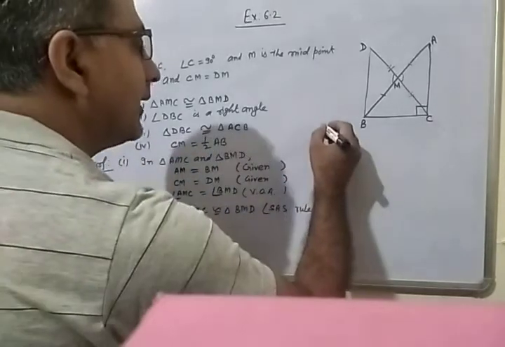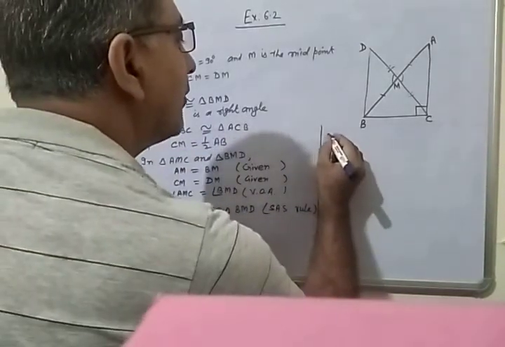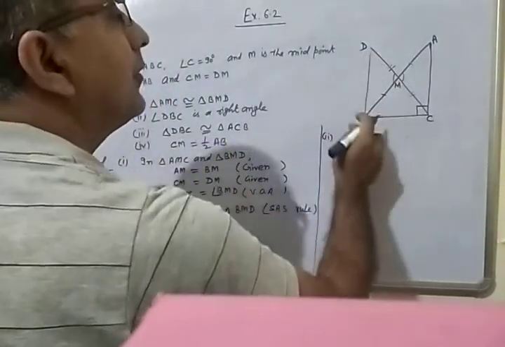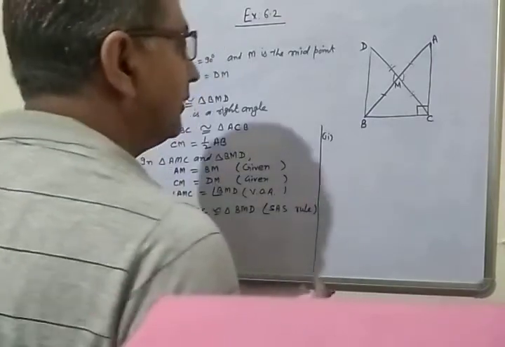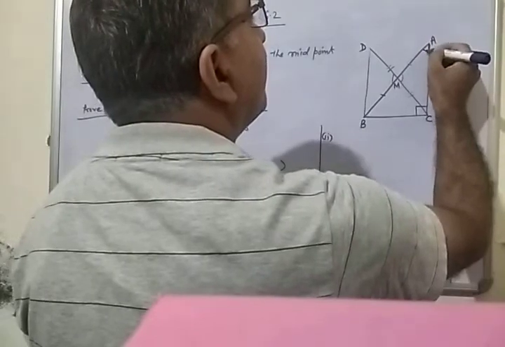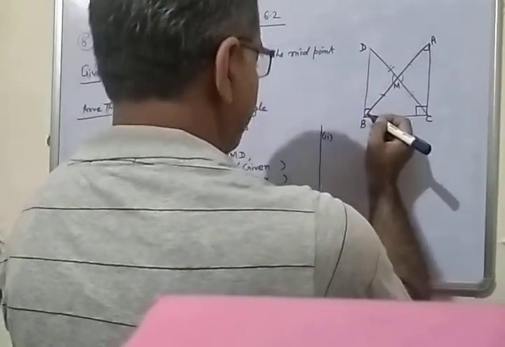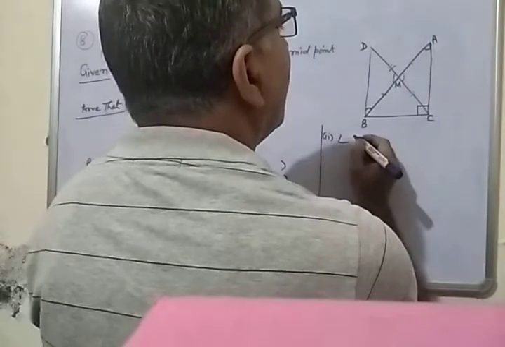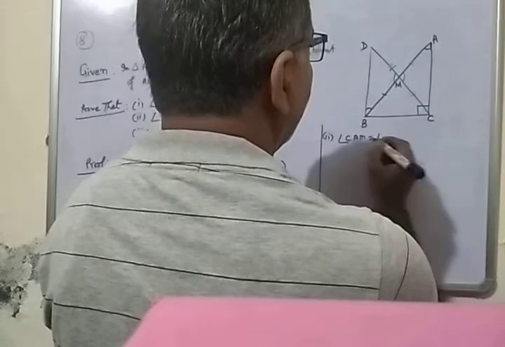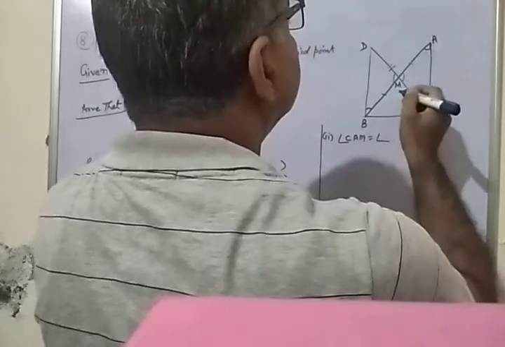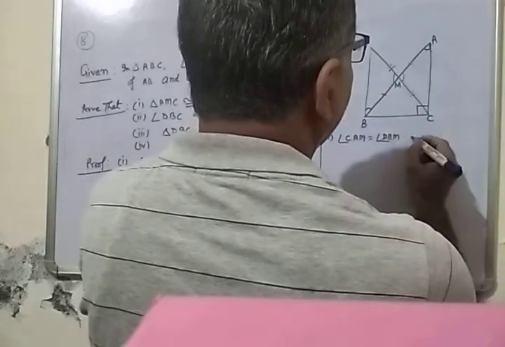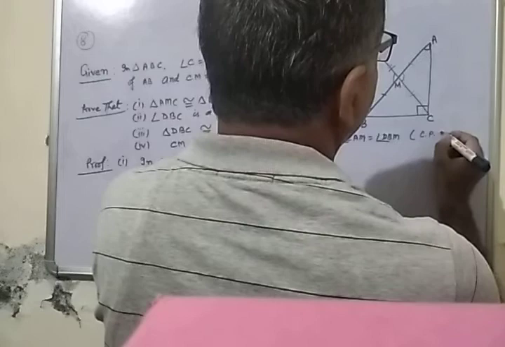Next part, the second part. See the second part. We have to prove this one, angle DBC is 90 degrees. Now this angle equals this angle, angle CAM equals angle DBM by CPCT.